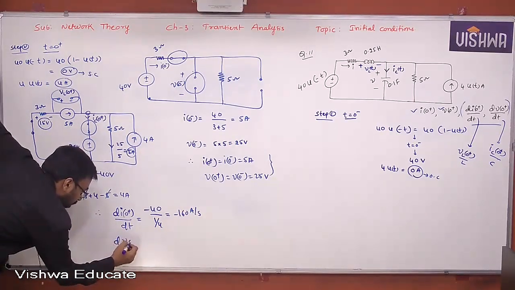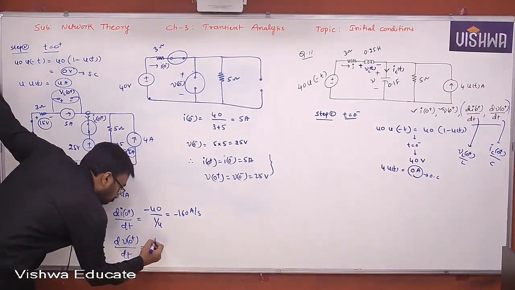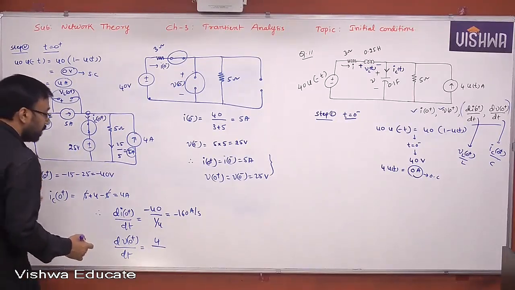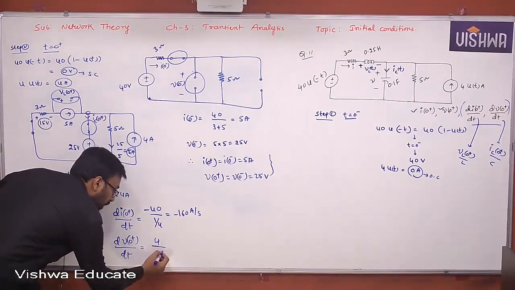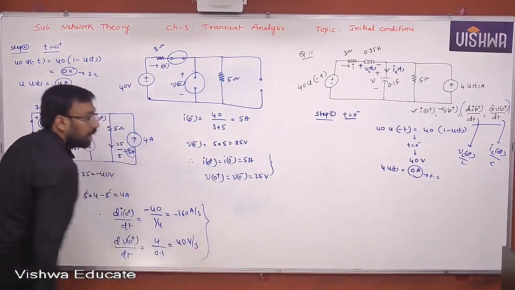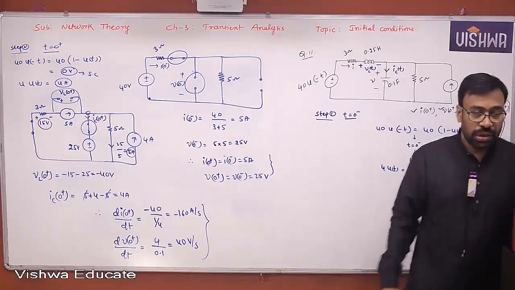And dV of 0 plus by dt is IC of 0 plus, 4, divided by the capacitance value, 0.1. So that is 40 volts per second. Please note down, all of you. Quickly note down.